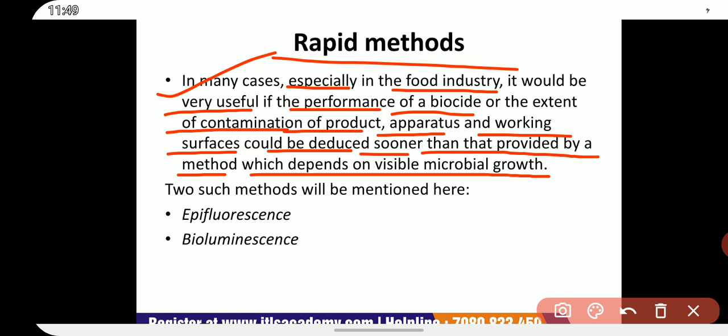Many methods have been devised to secure more rapid results and have been designed as rapid tests. They have recently been reviewed by Denier in the 1990s.